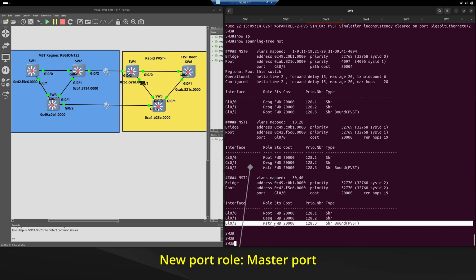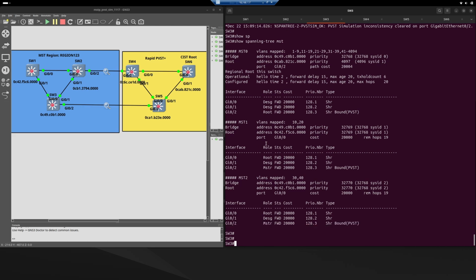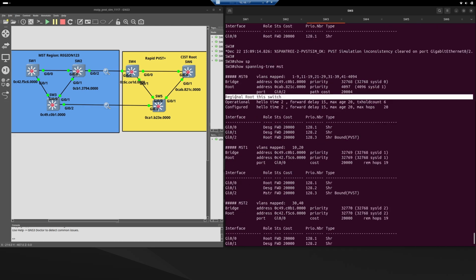This is basically facing the CIST root upstream, and it provides connectivity for every single VLAN on this trunk link towards the PVST domain. So switch 3 is now also the regional root for instance 0.